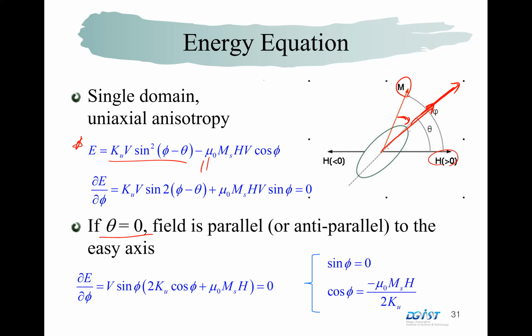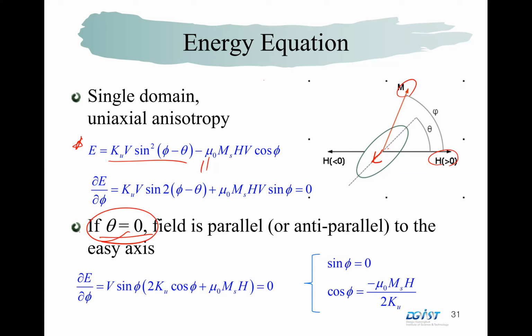Because this direction makes the lowest energy for the Zeeman energy and the anisotropy energy. So there is no reason the magnetization is pointing the other direction. And how about if we apply the field in the other direction? The magnetization direction is here. If you apply a strong enough H field in the negative direction, it points in this direction. But if you apply a very tiny small field here, what happens? That is what we want to solve now.